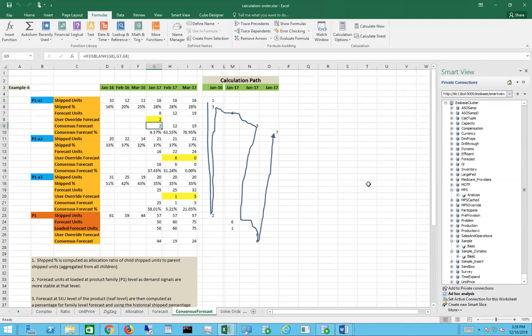So what is needed to do calculation like this? There are many concepts that come into the picture for an analytic engine to deal with it. The important one is solve order.